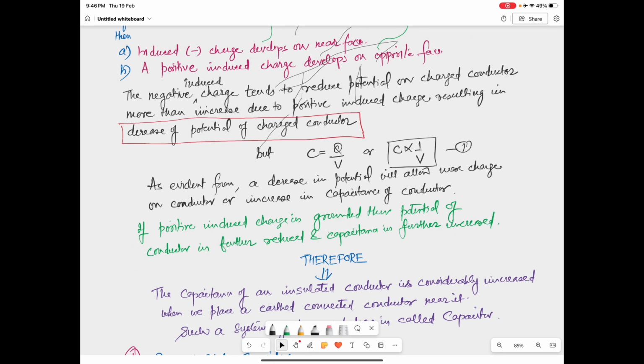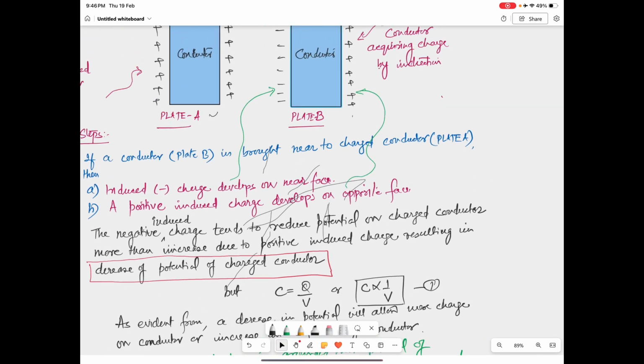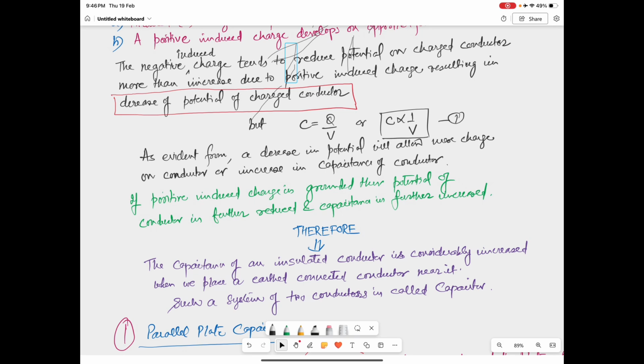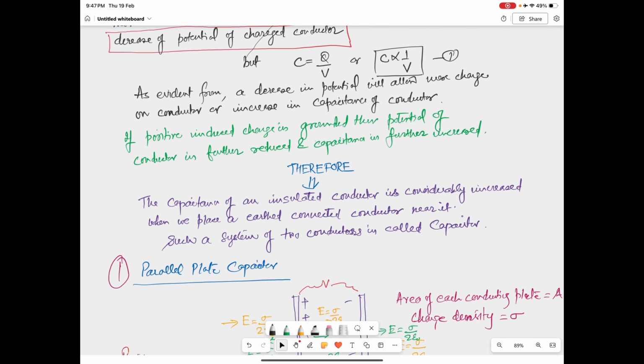So if the positive induced charge is grounded, what will happen? The effect of the increase in potential due to the positive induced charge goes away, and the overall effective potential of the conductor near to it reduces further. So the capacitance further increases.